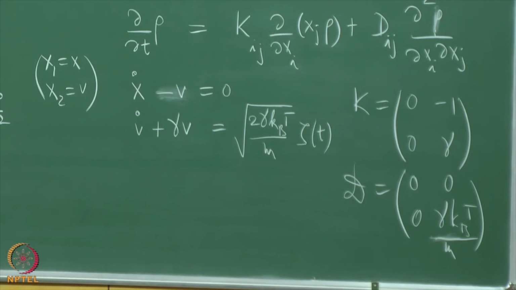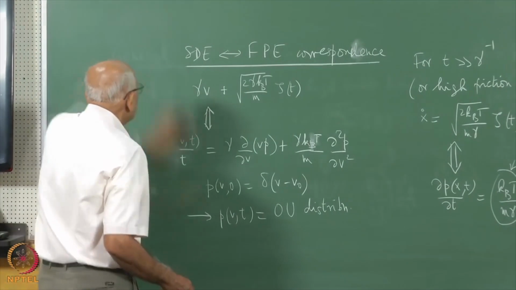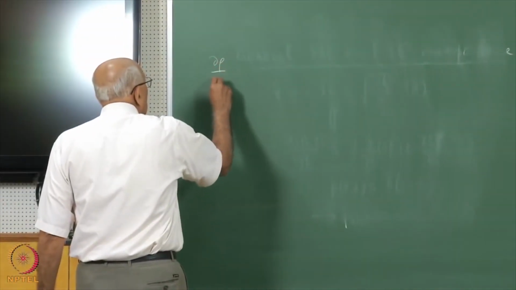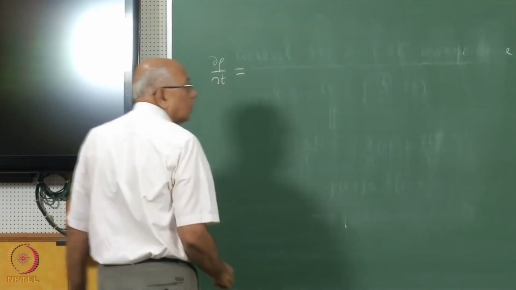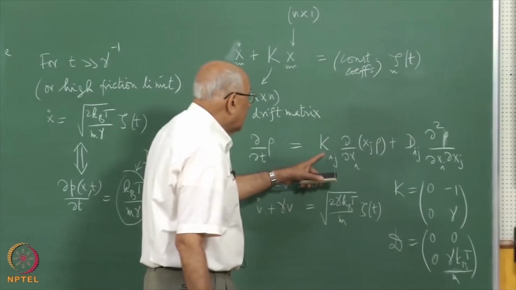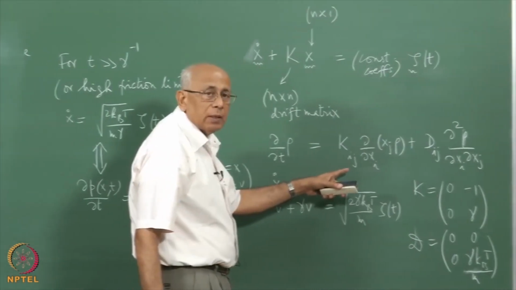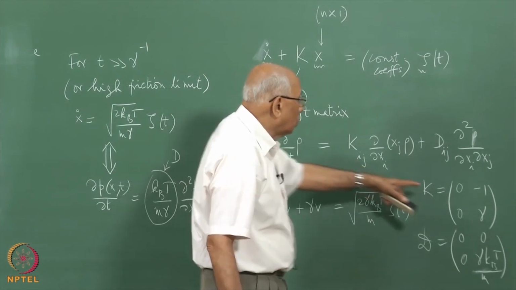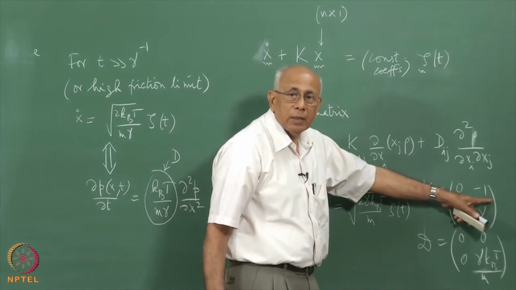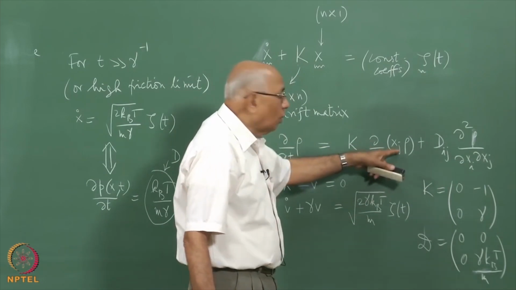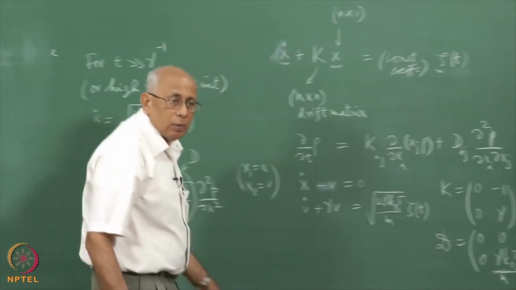So, let us write that out and then we are on to new material. That immediately implies that the phase space density satisfies delta rho over delta t equal to, now we need to put this in Kij. So, the first term is with a minus sign, and then you have a k12, that is the only element which is present here, which is minus 1, and therefore it is delta over delta x of v rho with a minus sign.